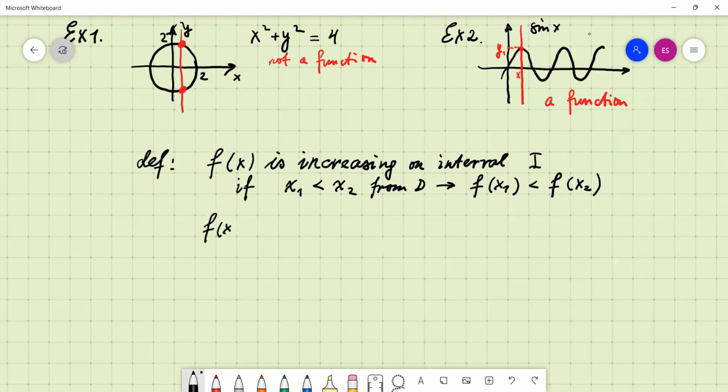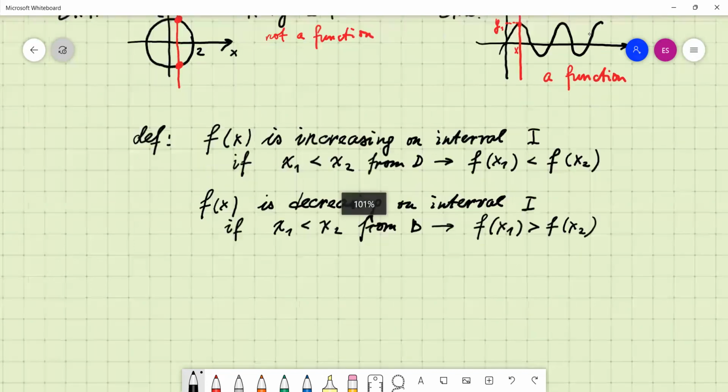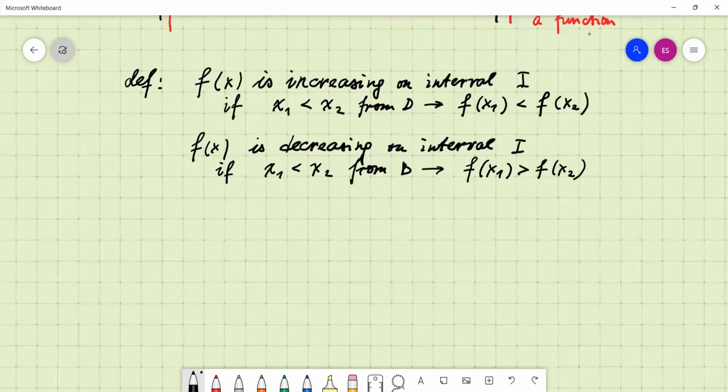f of x is decreasing on interval I if for any x1 less than x2 from domain D it follows that f of x1 is greater than f of x2. I'm going to give you an example of increasing.